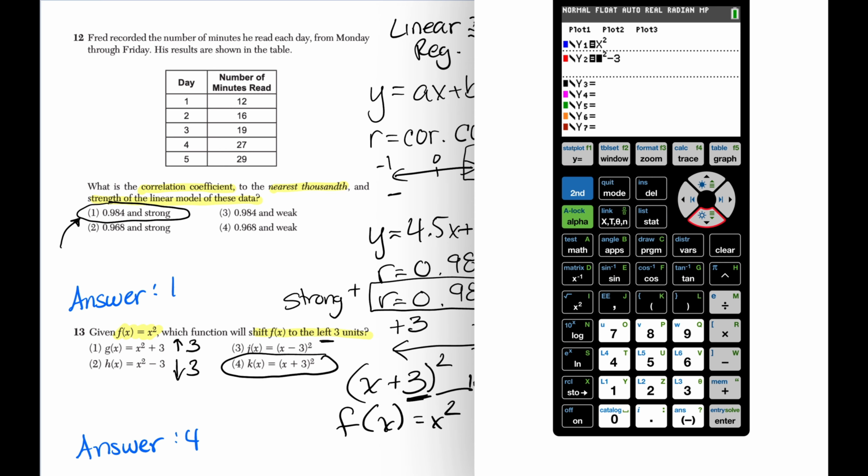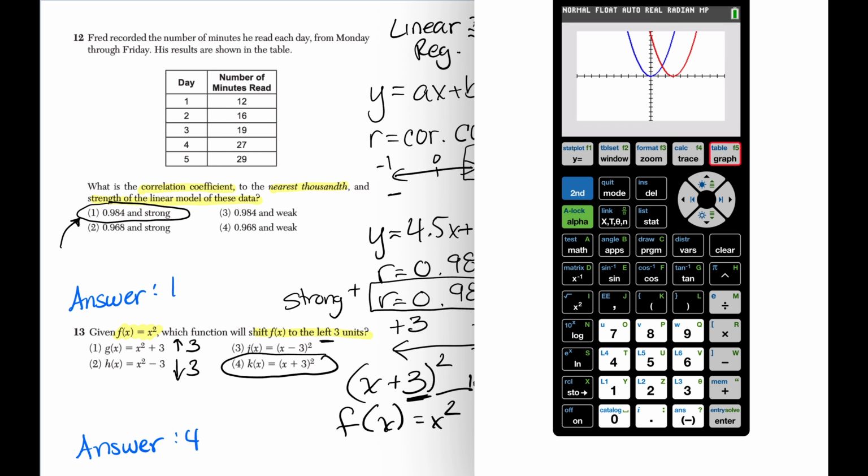So let's try the second one, 3 and 4. So we're going to put our parentheses. X. Let's clear this one off. Parentheses. X -3. Close parentheses. Squared. Graph it.